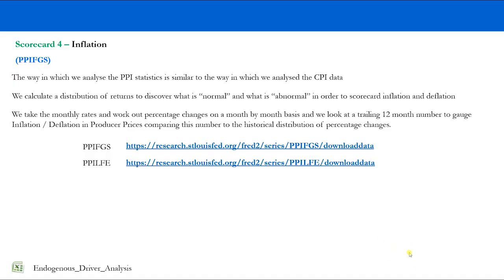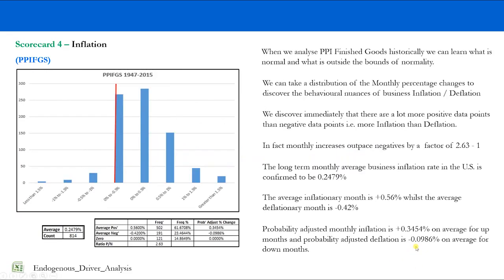So how is it we are looking at these numbers? What do we find out? So again, we're looking at what we can consider to be as normal and what is outside the bounds of normality.